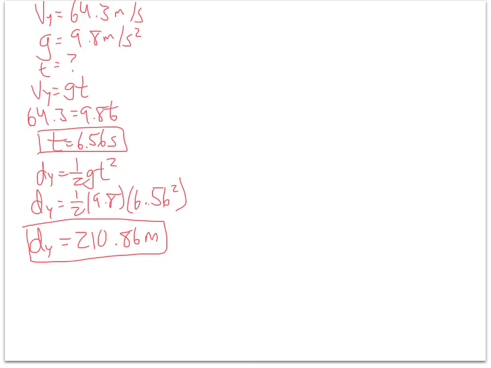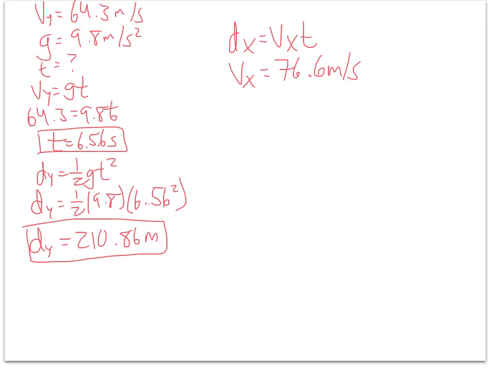Now, I also want to know from this problem the horizontal displacement of this, the total horizontal distance it travels. So now that I have my time variable, I can do dx equals vx times t. And if you remember from over on the other slide, my vx was 76.6 meters per second. That's my x component. That's how much in the x direction this projectile is traveling.